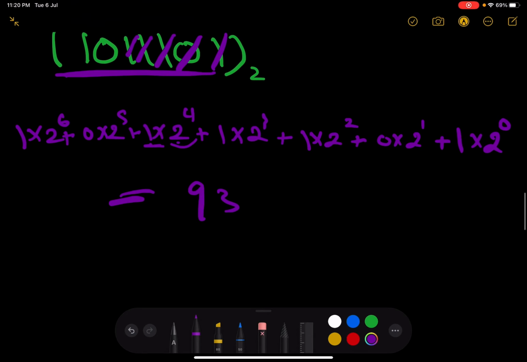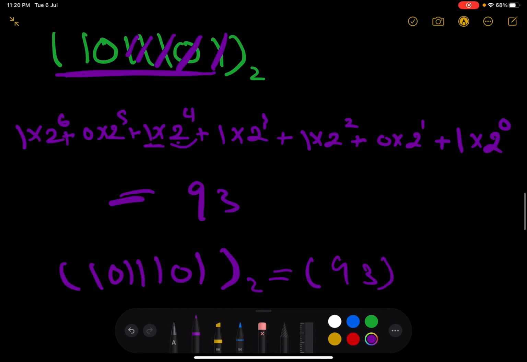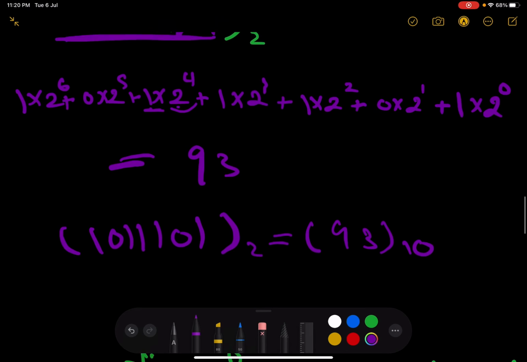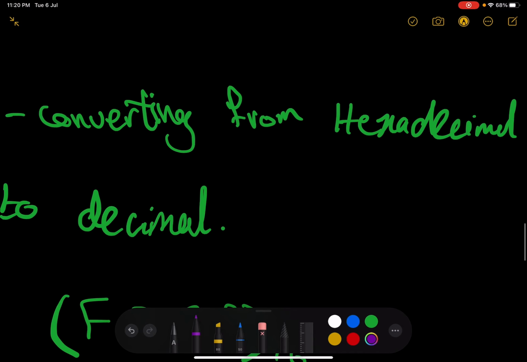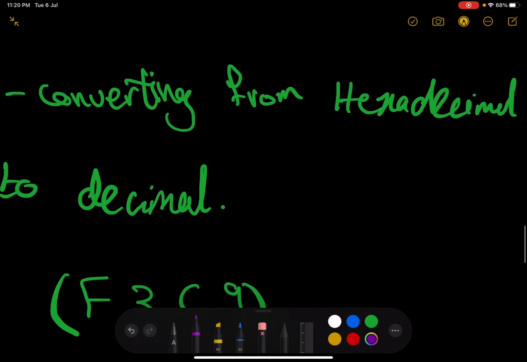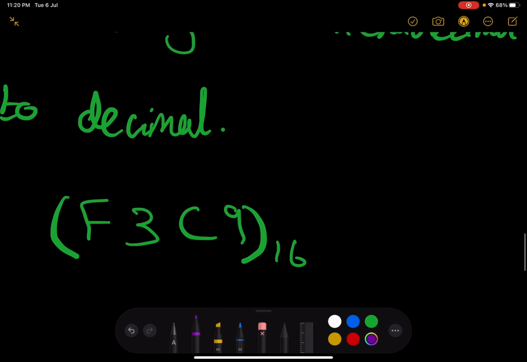So this number in binary is equivalent to 93 in the decimal system. You can use this way or the previous one that I have explained in the previous videos. And now we also have the third example. Also, you can pause the video and try it yourself and then double check with us.